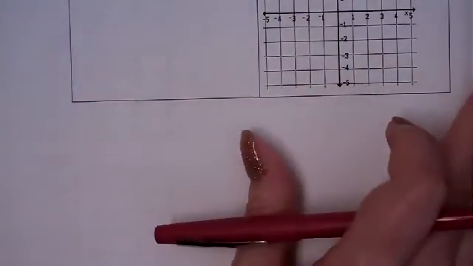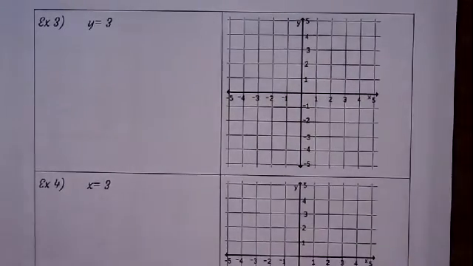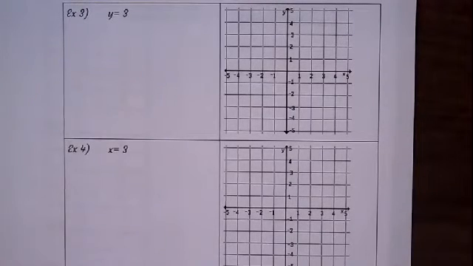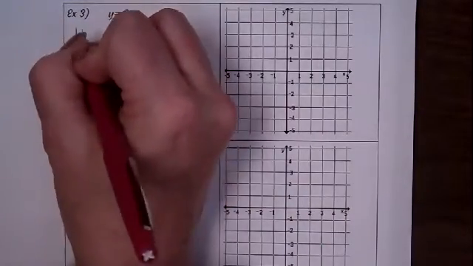Now, example 3 and 4 are the horizontal and vertical lines, okay? But I do want to talk about those in terms of intercepts again. Number 3 right here, y equals 3.